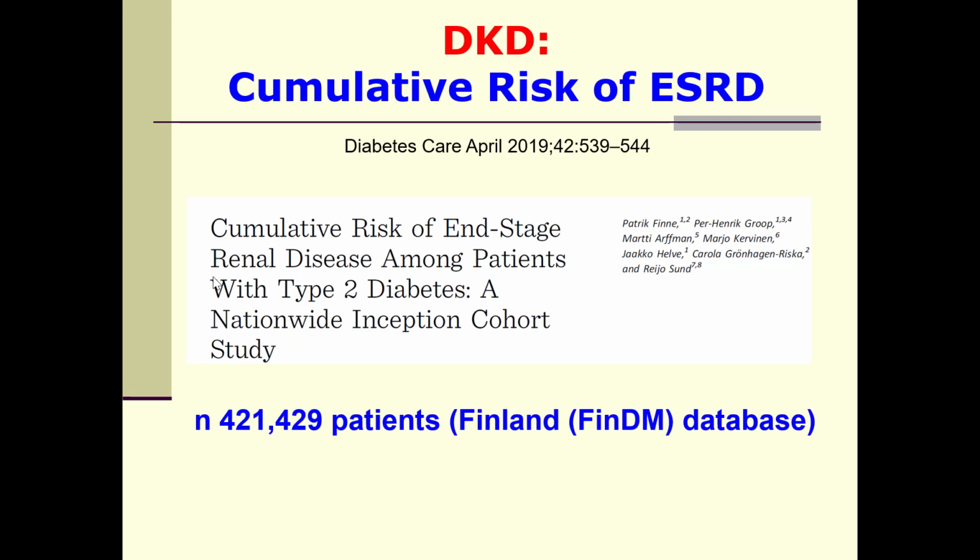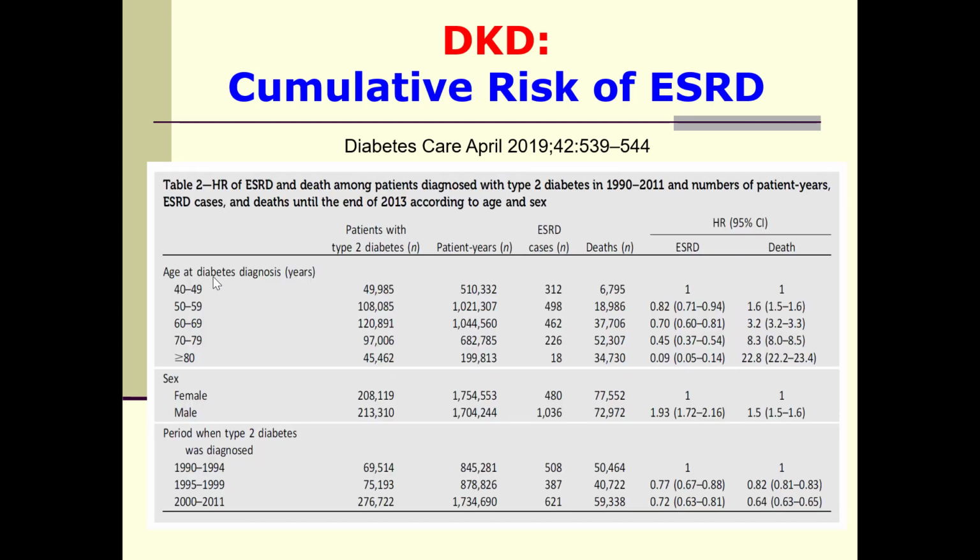This is the largest cohort of patients, including 421,000 patients from Finland. So it is the Finland database showing interesting data. The older the age of the patients, the lower the risk of end-stage kidney disease. And the question is why? Because there is increased risk of death.